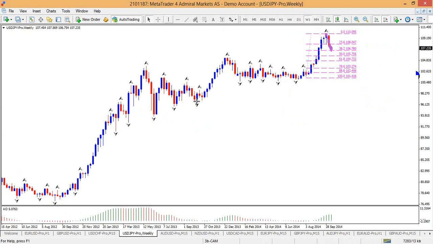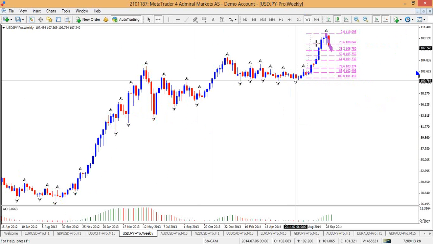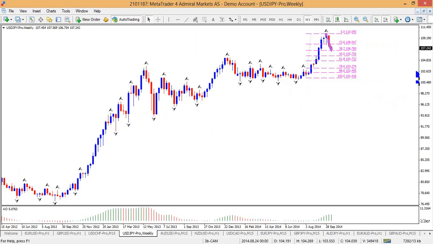The first wave of wave 5 here was about 900 pips. The third wave so far is about 940. So maybe wave 3 is already finished here, and this is wave 4 of that green 5.